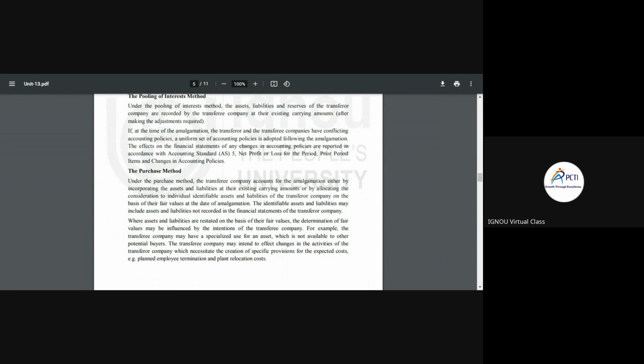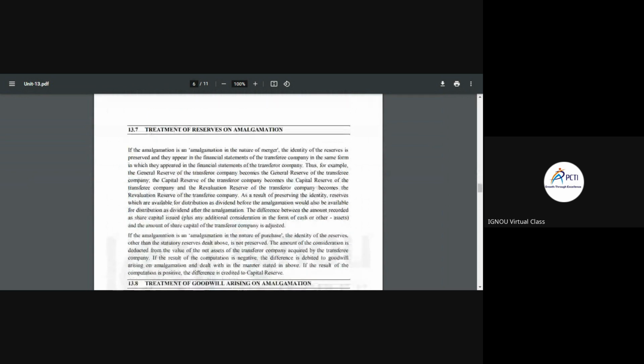The identifiable assets and liabilities may include assets and liabilities not recorded in the financial statements of the transferor company. When assets and liabilities are restated on the basis of their fair values, the determination of fair values may be influenced by the intention of the transferee company.